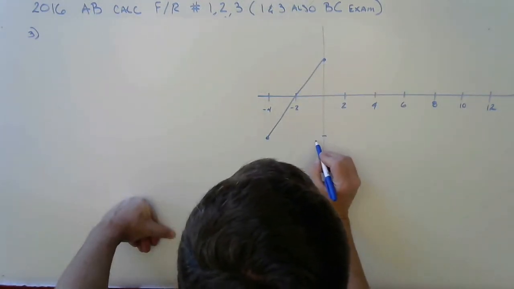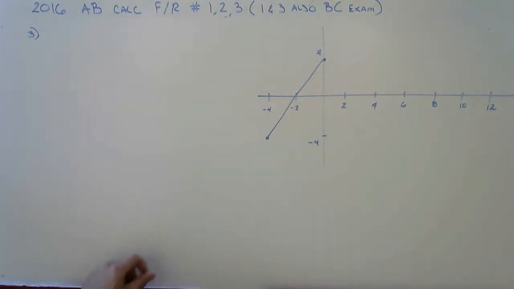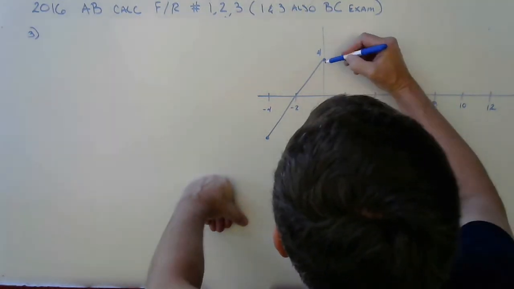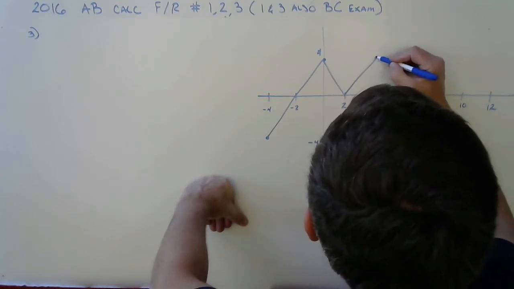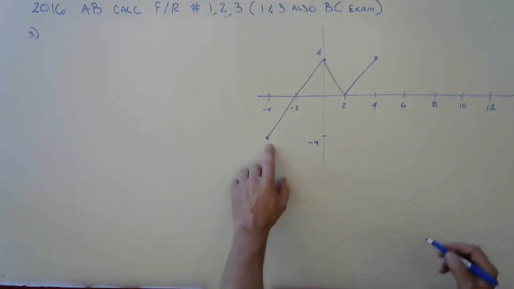Now at 2, we're 0, and at 4, we're 4 again. All right? Now at 6, we're 0, and at 8, we're -4 again.